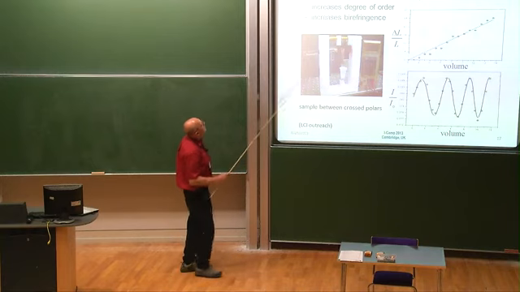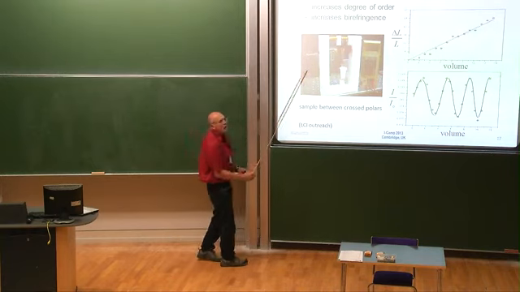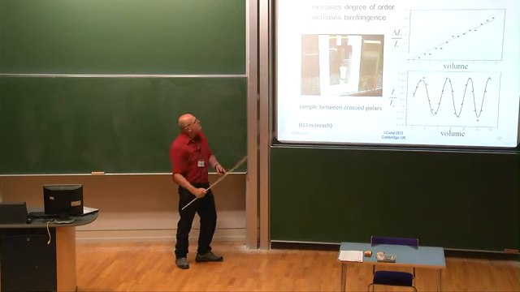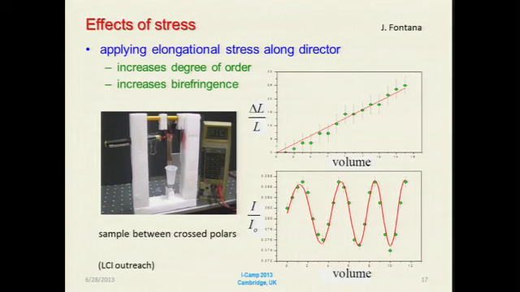Okay, good. Now, what are the effects of stress? Well, if you just stretch the material, you're applying a longitudinal stress that increases the degree of order if the director is already aligned, and that increases the birefringence. And this is a little experiment that was set up for an outreach exercise by Jake Fontana, who is an old student here somewhere over there.